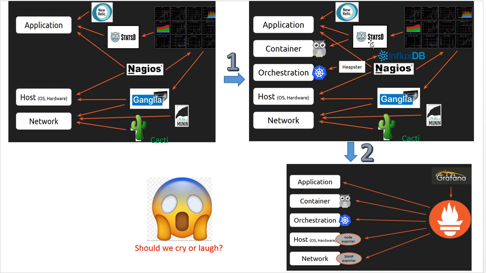But in all the categories, Prometheus is the same. Network, host, orchestration, container, application, everything Prometheus can monitor, and further that data can be represented in Grafana for a better view.